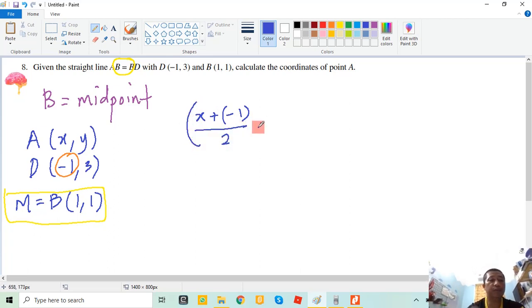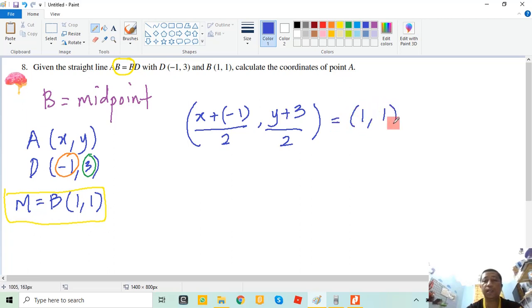Comma, y1. y1 from point A, you don't know, you write as y, plus y2. y2 from point D, this one, 3. Divide by 2. And this is equal to the midpoint. What is the midpoint? Midpoint is B. The coordinate of B is (1, 1).